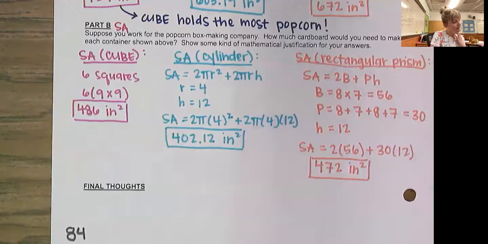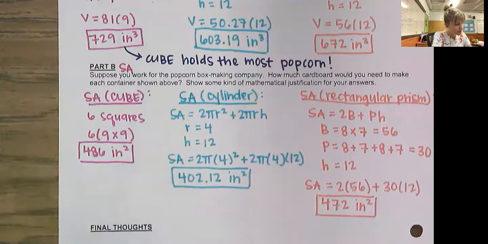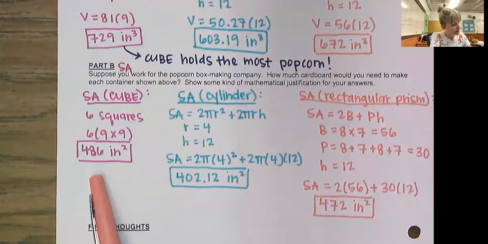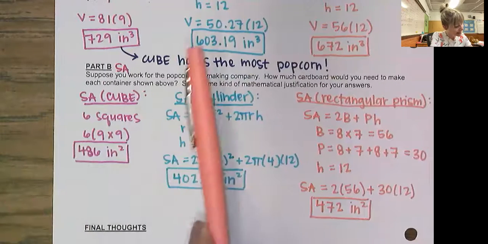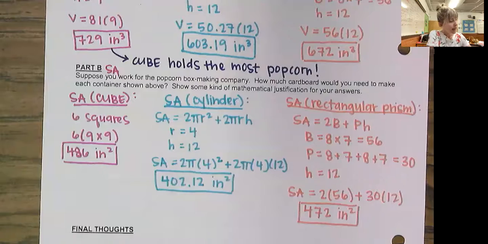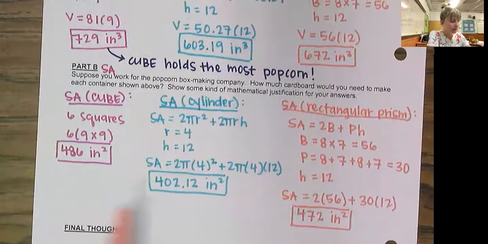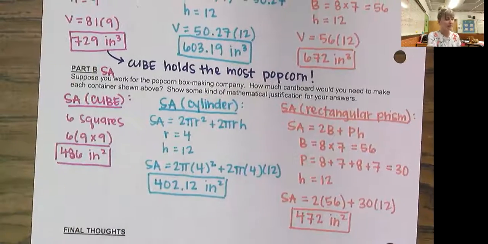So it says, how much cardboard would you need to make each container? Well, that's what I found, 3 different answers. So the cube holds the most popcorn, but it also uses the most cardboard to make. The cylinder holds the least amount of popcorn, but also uses the least amount of cardboard. And the rectangular prism is kind of the middle ground for those. It uses a little bit less cardboard, but also holds a little bit less popcorn.